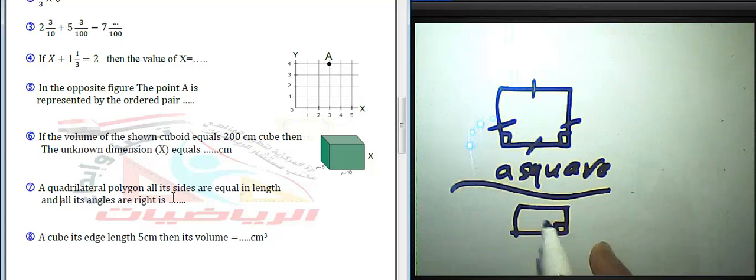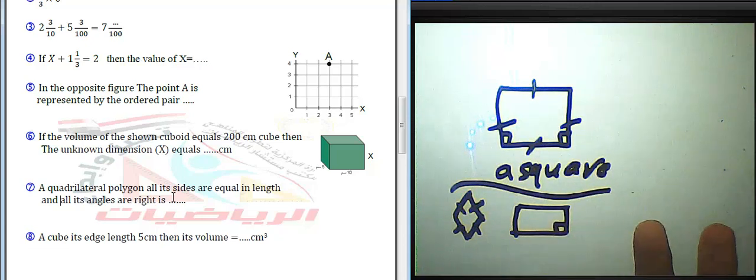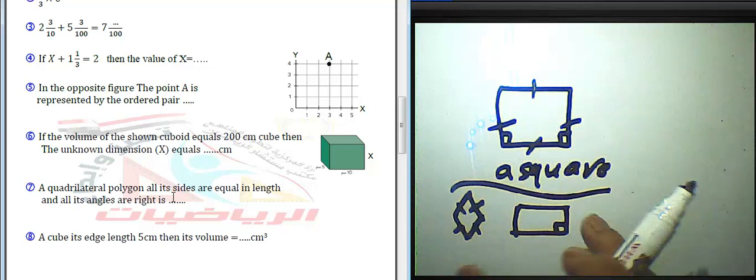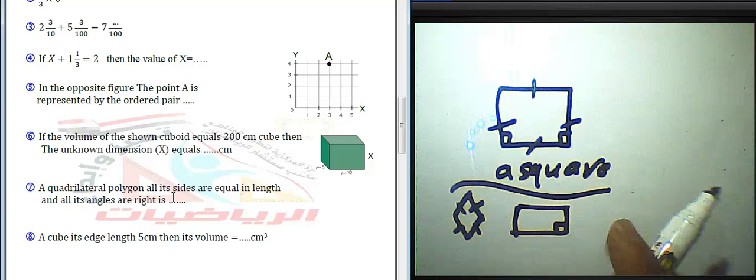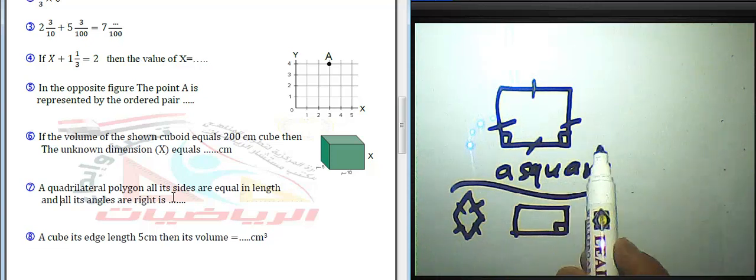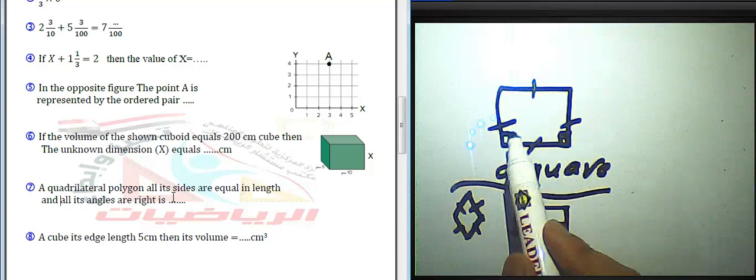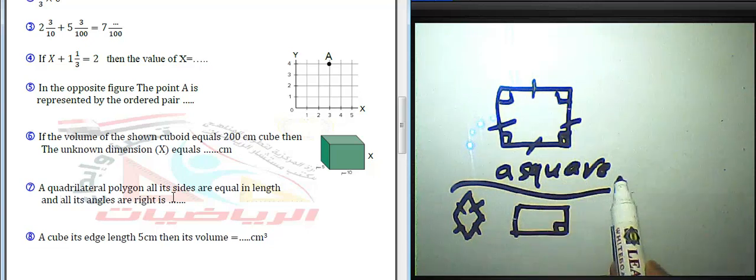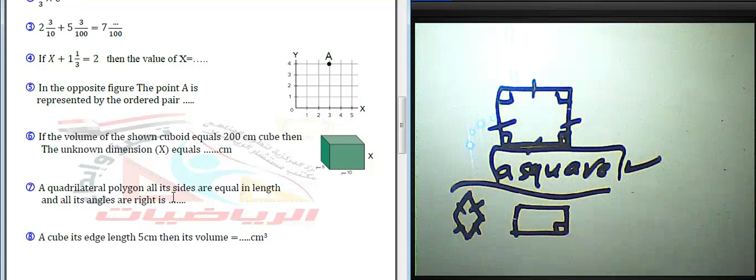And if he asked you about all sides equal in length only, then it will be a rhombus. But for a square, he will tell you the two properties: all sides are equal in length and all angles are right. The measure of each angle in a square equals 90 degrees. Then you must write square here in this space.